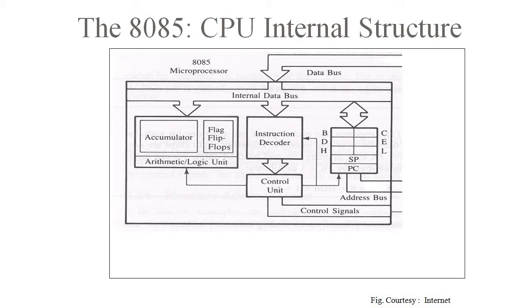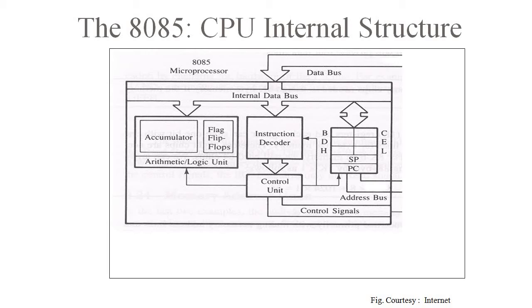So it will perform operations like addition, subtraction, logical and, logical or, logical exclusive or, increment, decrement, clear. So these sort of operations can be done by using arithmetic logic unit.